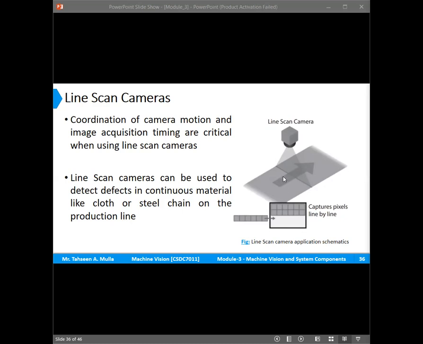So these types of cameras can be used to detect defects in continuous material like cloth or steel chain on the production lines.